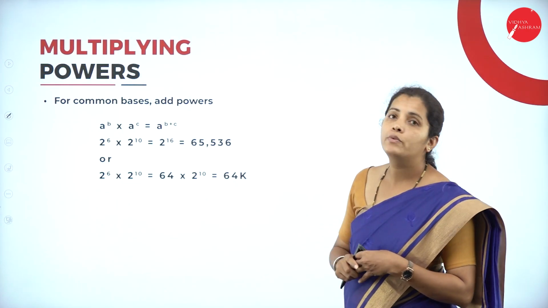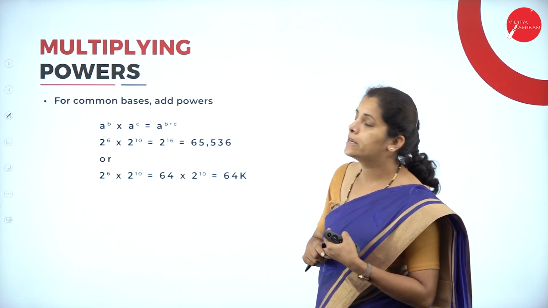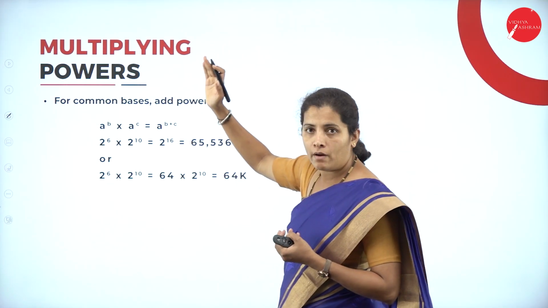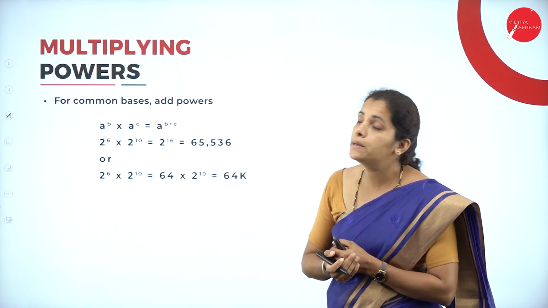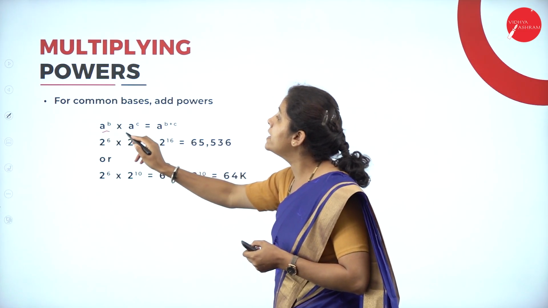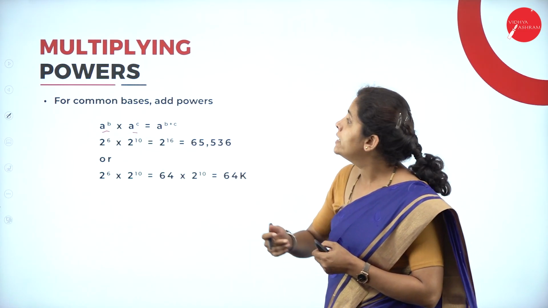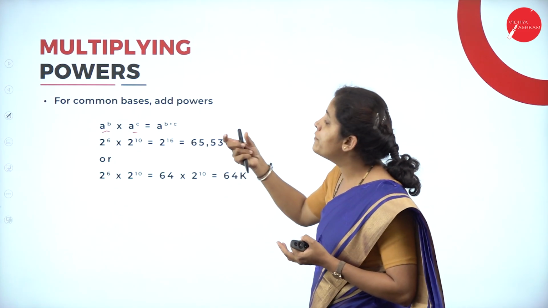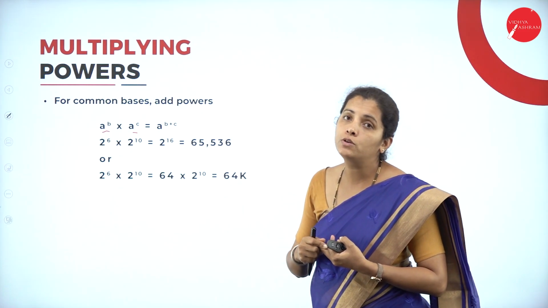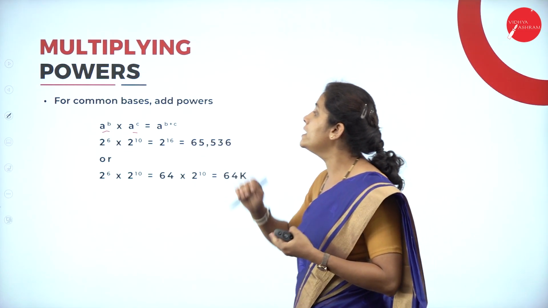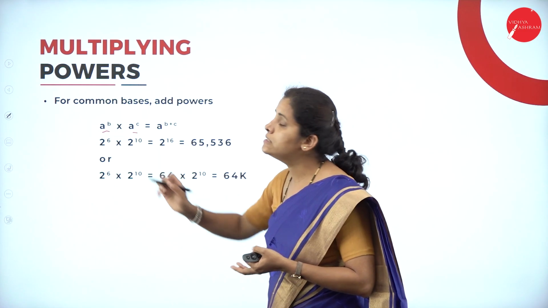Moving further, we are going to get multiplying powers. Dear students, in multiplying powers, it's possible to multiply the power when we have same base value. I repeat, in multiplying power, when we have same variables, then it is possible to multiply the power of those variables. So here consider this example.